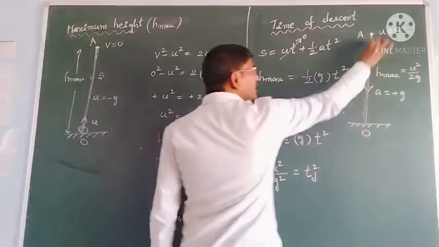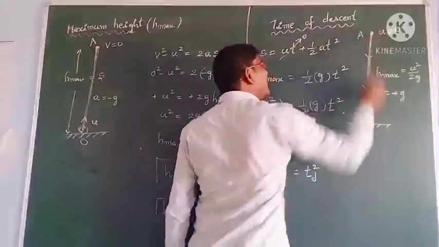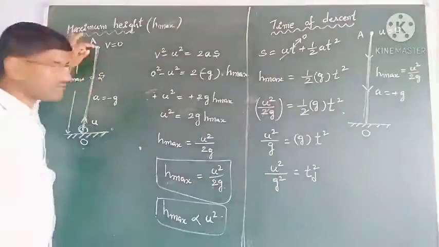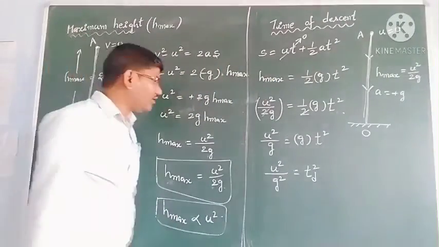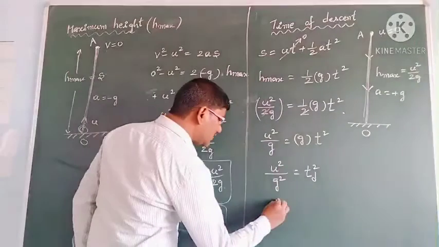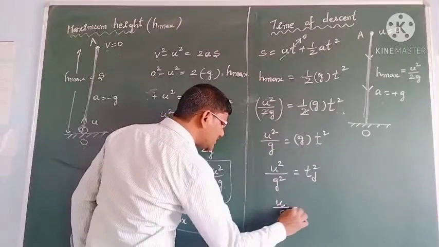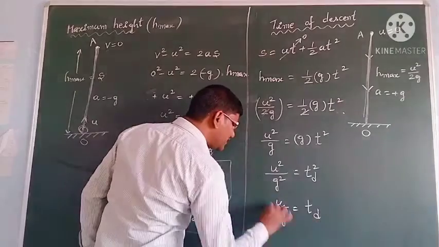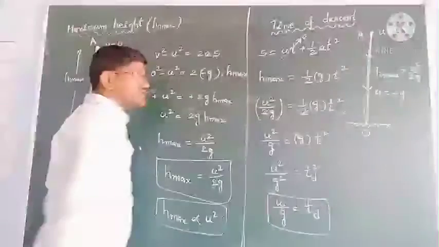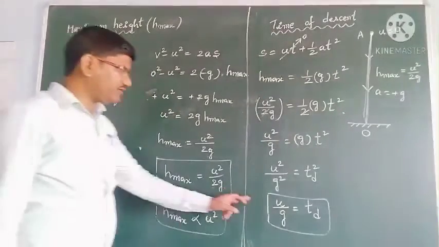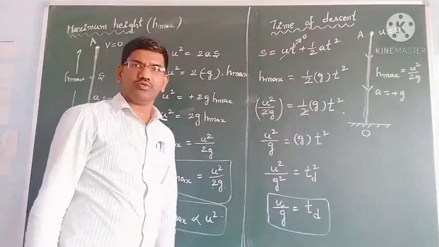The time taken to reach the ground from the maximum height. It is falling from the maximum height. Okay. So then you will get u by g is equal to time of descent. Okay students. So time of descent formula we got, u by g.